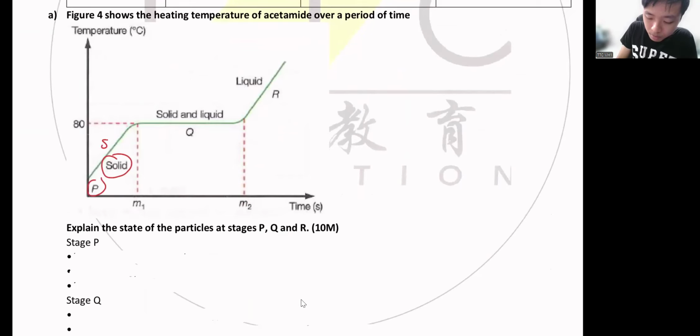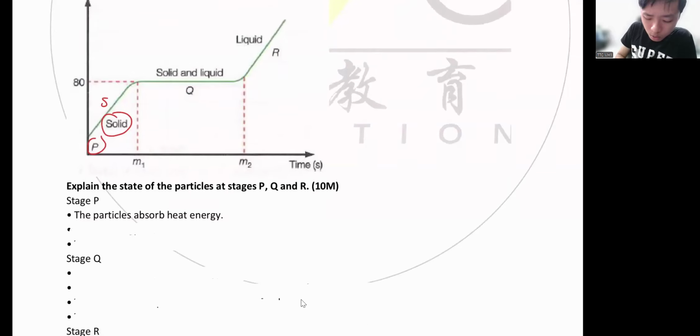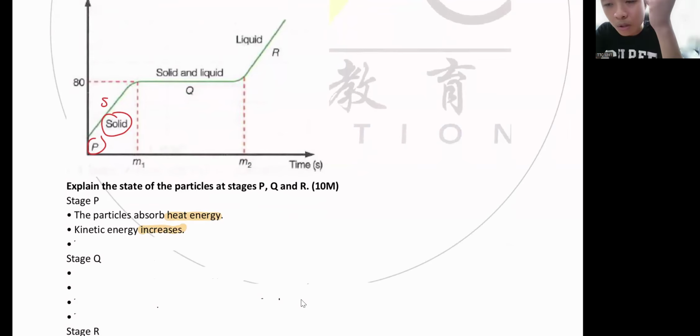Solid. So you can say particles absorb heat energy, then you can say kinetic energy increases. At the beginning, solid just stays there, not really having energy, just fixed.